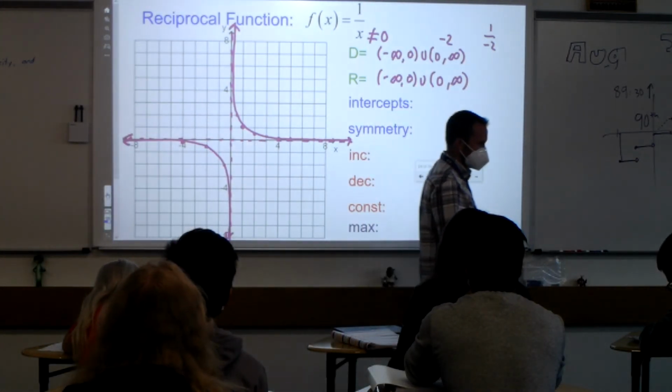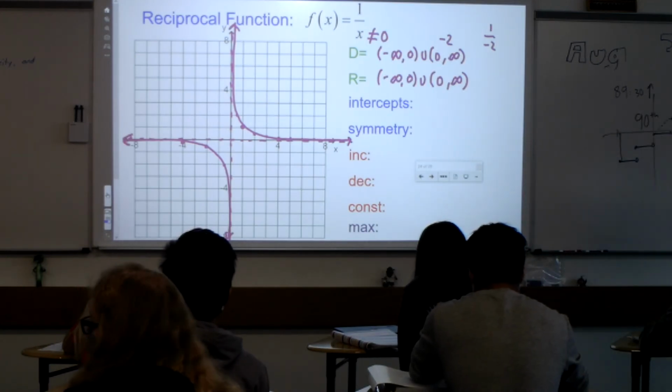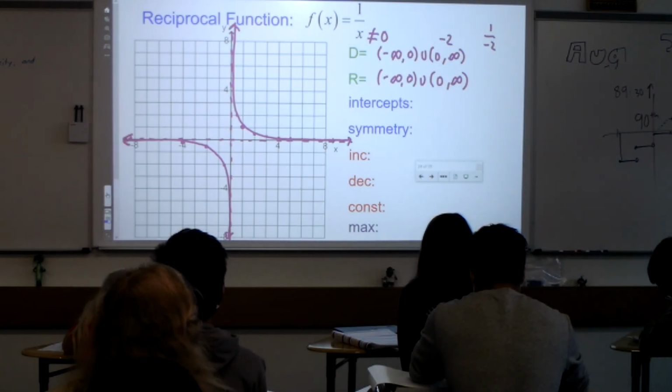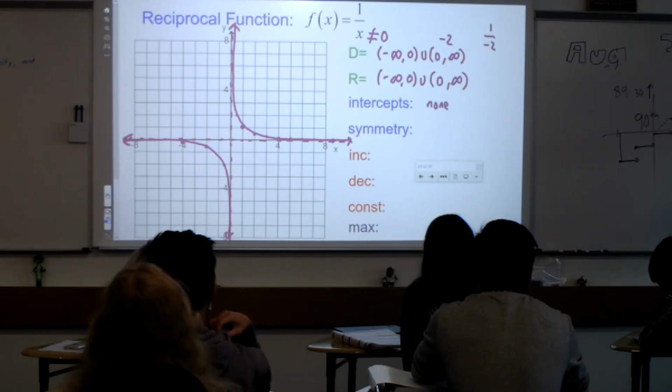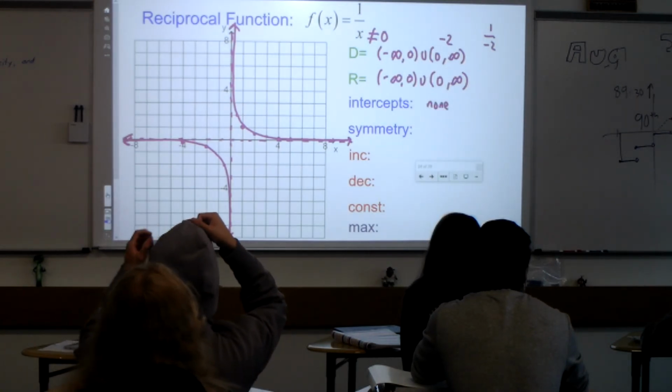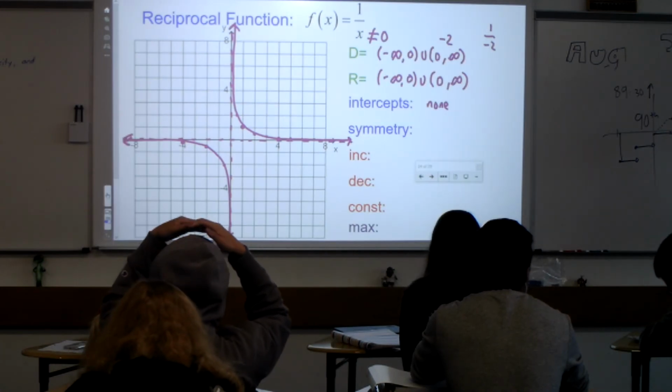Duke, what about our intercepts? Exactly, there's no intercepts. Because we've got those asymptotes. We can't be on the x or y axis. Ruth, what about symmetry? What kind of symmetry is this here?